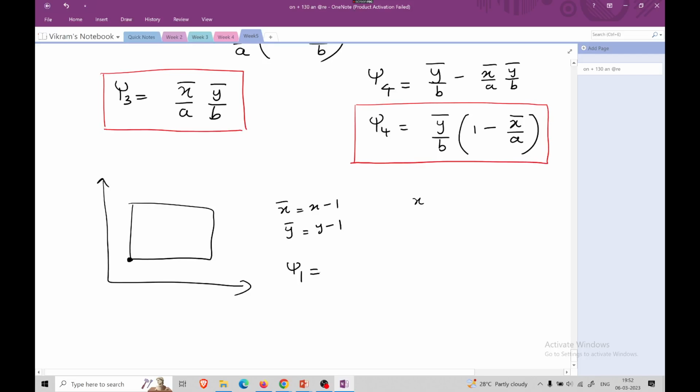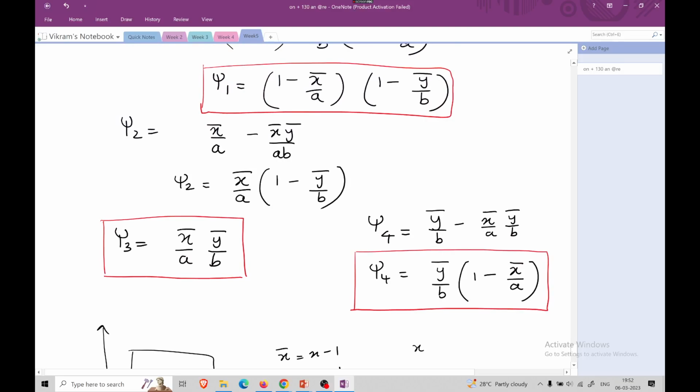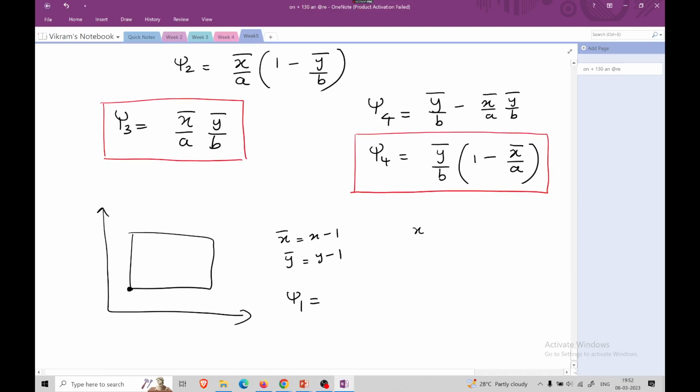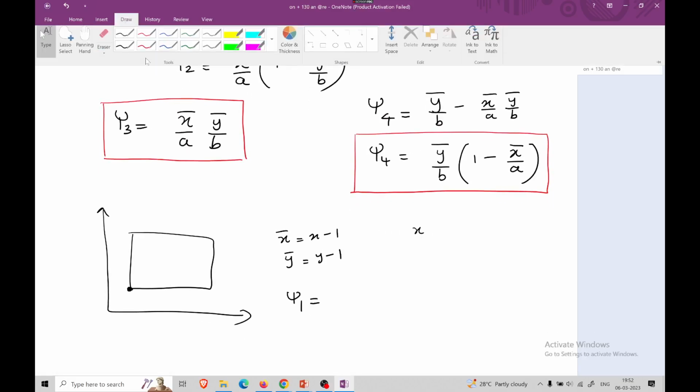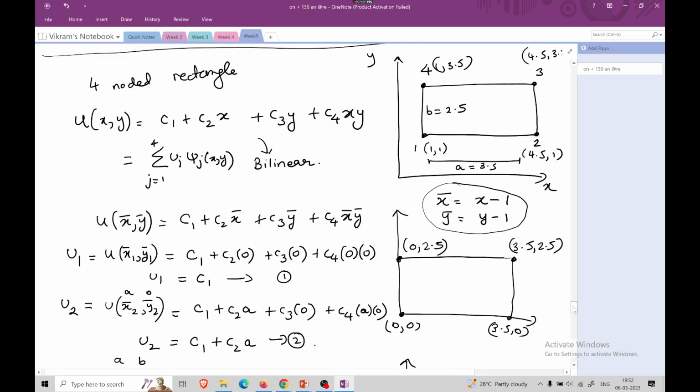Psi 1 is, so just in terms of x and y, I can simply substitute this 1 minus x bar by a. And what was our value of a and b? So A was I think 3.5 and B was 2.5 I think.